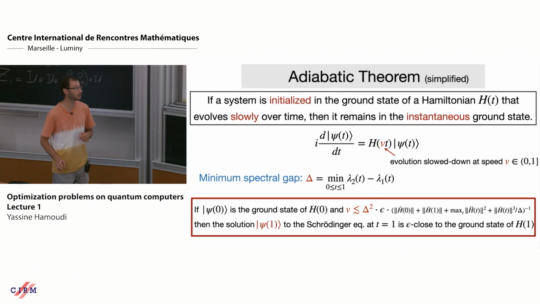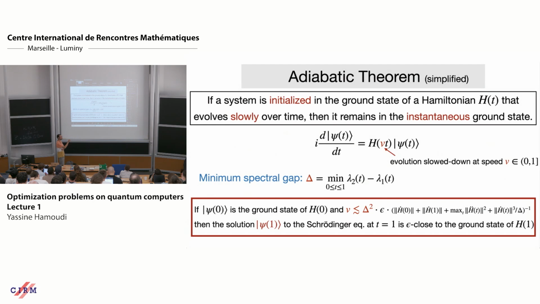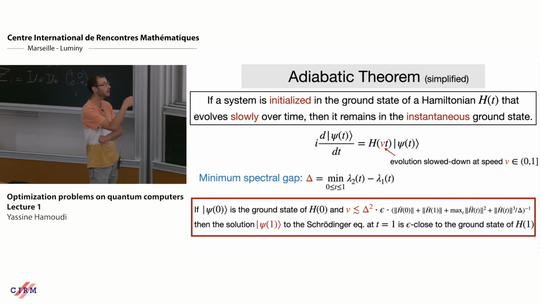And now this is a mathematical statement of the adiabatic theorem. It says that if the initial state psi naught is the ground state of h at time 0, and if you choose the speed v to be sufficiently small compared to delta, the exact expression being delta squared times some other terms, then if you solve the Schrödinger equation using such a value for v, psi 1, the state at the end of the evolution, will be epsilon close to the ground state of the final Hamiltonian.